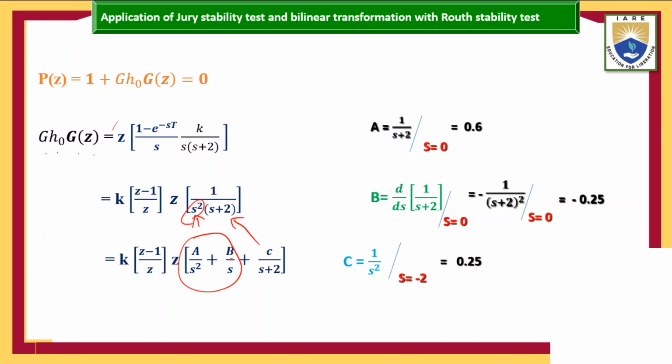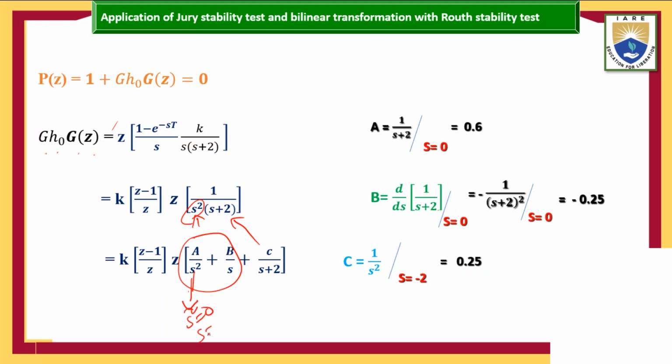So we have to divide the function into 3 terms. What is the a value here? A is nothing but 1 by s plus 2 where s equals 0. I want to find the a value where the denominator term of a, s square, equals 0.